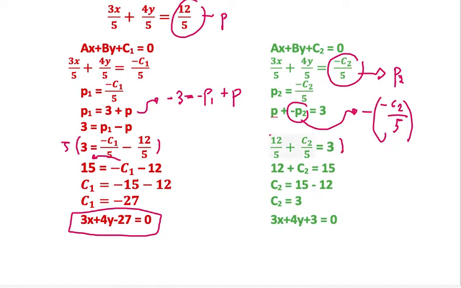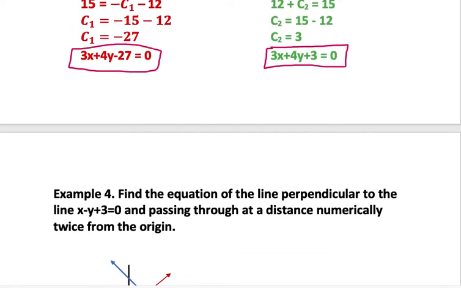Let us multiply both sides by 5. Cancel this out. Cancel this out. 5 times 3, that is 15. So, let us isolate c sub 2. So, transpose 12 to the other side. So, that will become negative 12. So, 15 minus 12, that is 3. So, our c sub 2 is 3. Just replace the value. So, our second equation will be 3x plus 4y plus 3. So, that will be our equation. So, let us proceed to our last example.